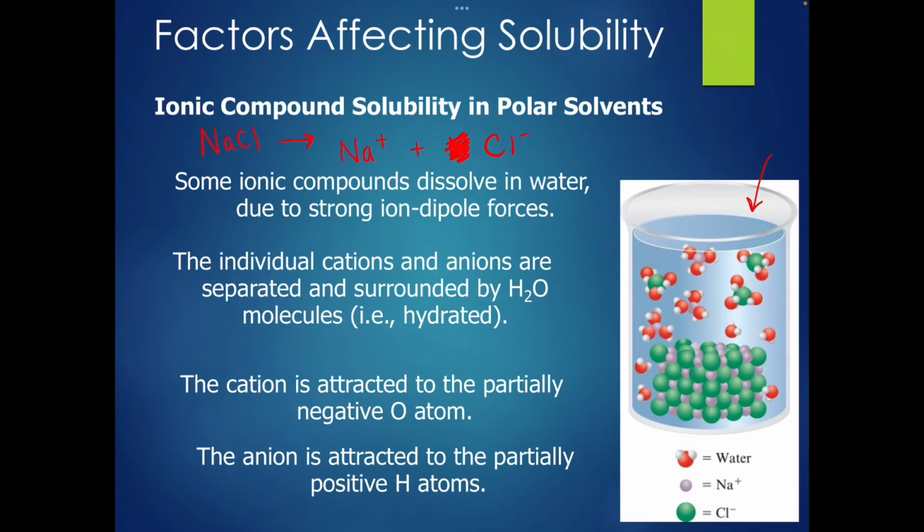So sodium chloride will break into sodium and chlorine, and those are charged species, because they've transferred the electrons. Most ionic compounds dissolve in water because the positive and negative charges on these ions that are breaking into pieces are being attracted to the partial negatives and the partial positives that we see on water.